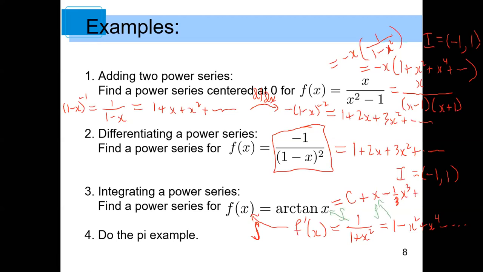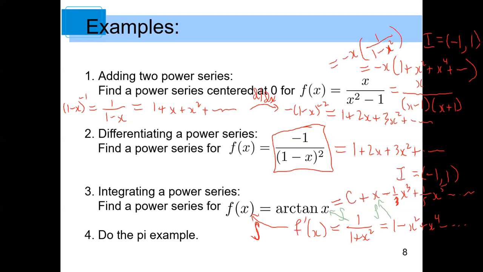Plus 1/5 x to the fifth. This should remind you of the logarithm power series, except here I only have odd terms. Minus, etc. And after the nightmare that the tangent function was, it's interesting that the arctangent power series gave way so easily.